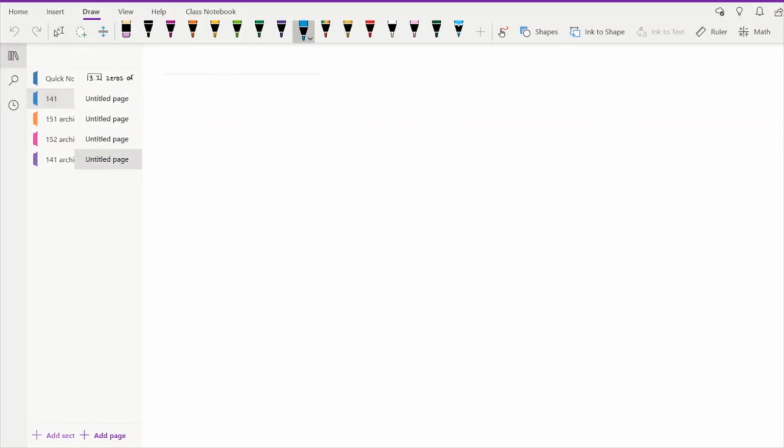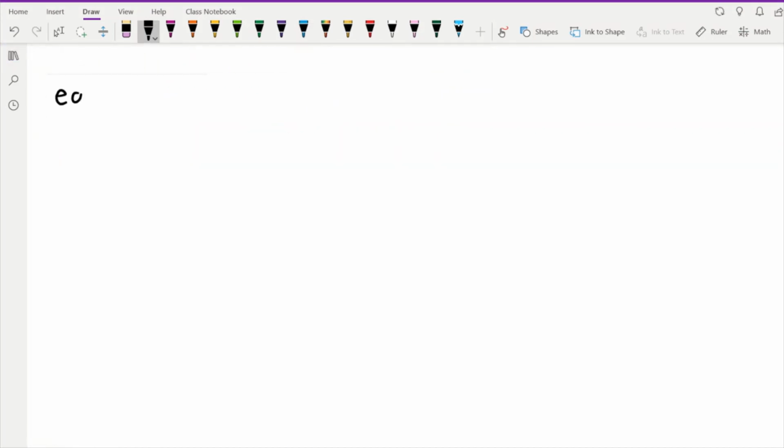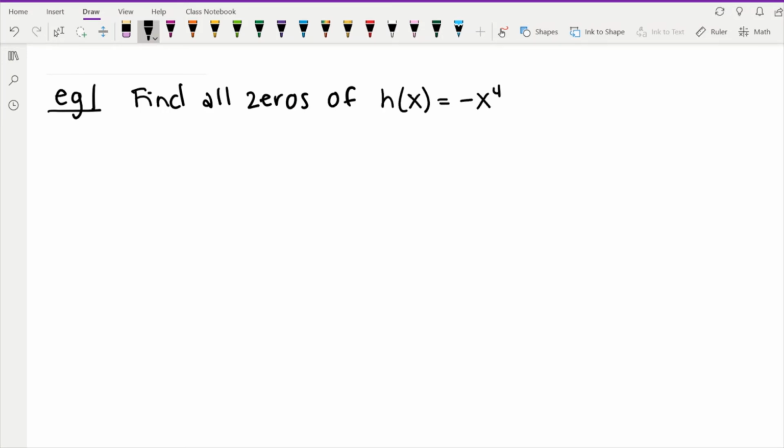Okay, we're going to do one last example that will bring in something slightly different. The last function we're going to be doing is we're going to find all zeros of the polynomial h of x is equal to negative x to the fourth plus 4x cubed minus 2x squared.